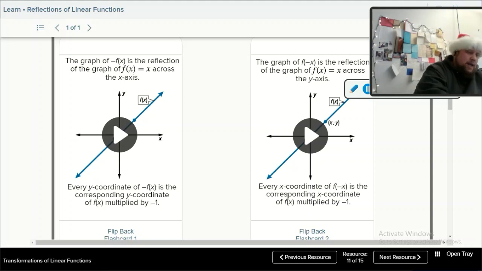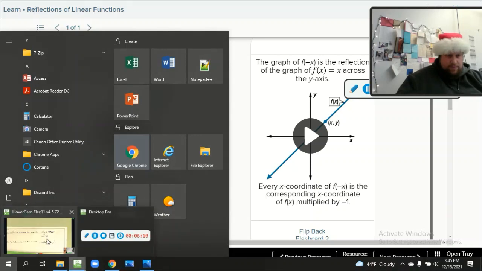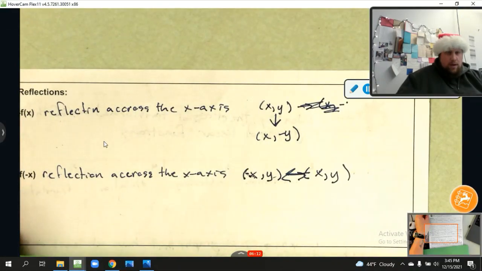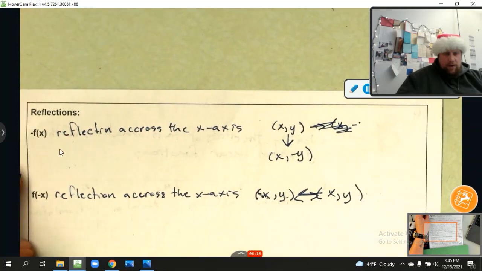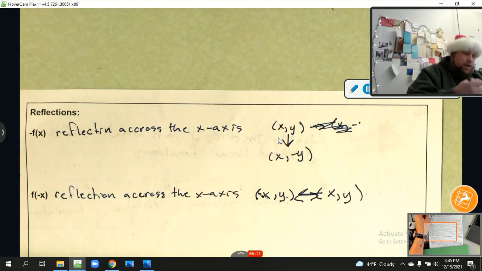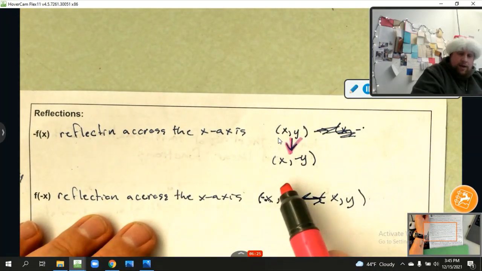The best place I can show you that is in notes, and I'll highlight what I did here. Okay? So what do we see? If we have negative f of x, it's a reflection across the x-axis, which means we're going from x, y across the x-axis down to x, negative y, right?